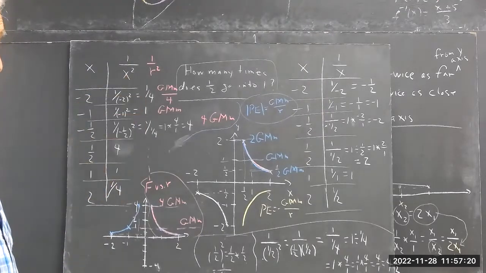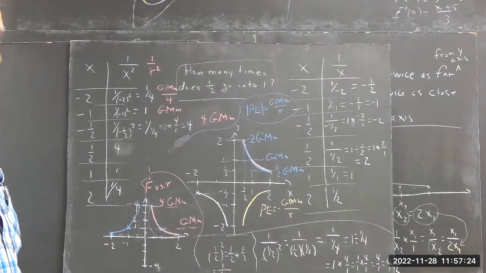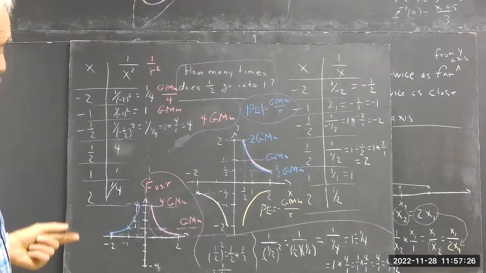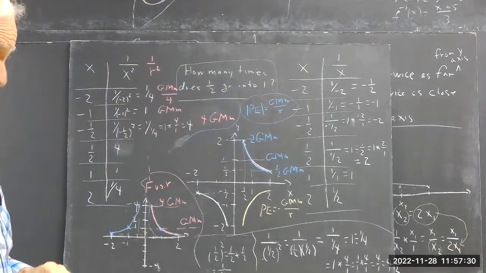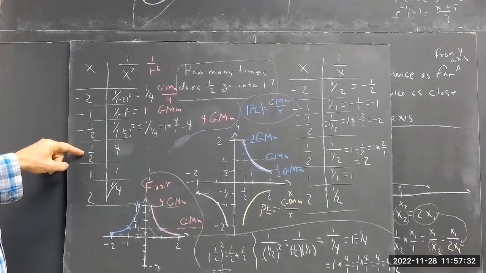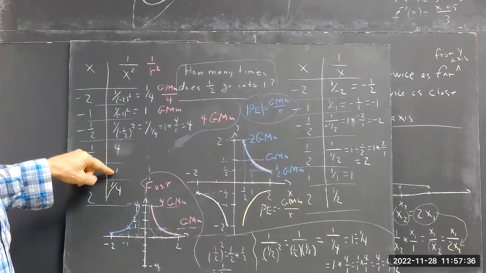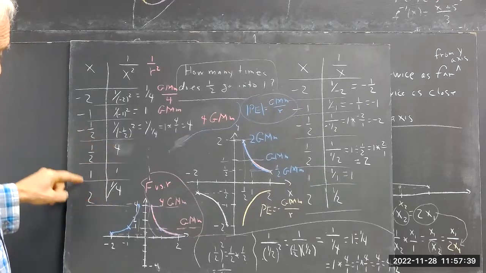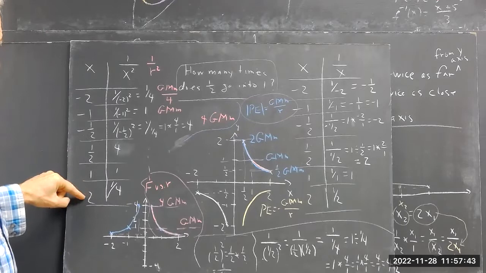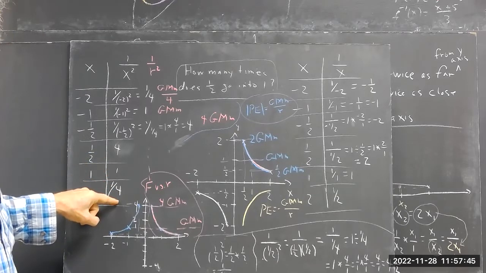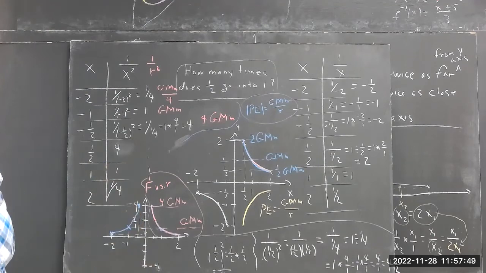This function tells you that if you move twice as far, you get 1/4 as much. Here's your square. You move from 1/2 to 1, that's twice as far. You go from 4 down to 1. This is 1/4 of this, right? Now you move to twice this value, you get down to 1/4 of this value. So you move twice as far, you get 1/4 as much.